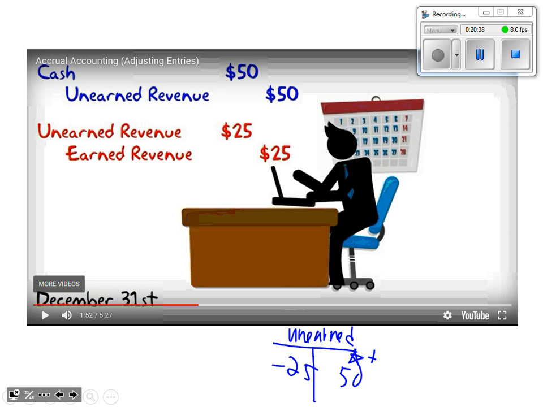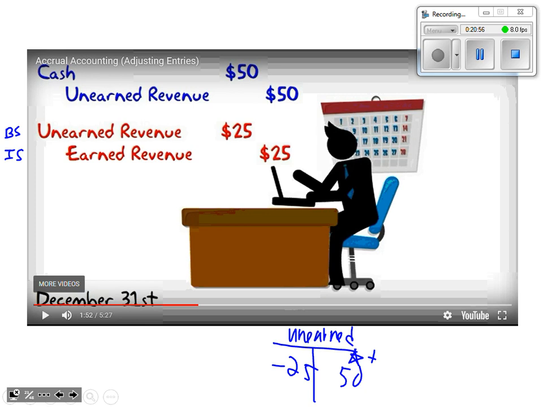Unearned revenue is a liability, so that's a balance sheet account. What does this other one have to be? It's got to be income statement, and it's revenue. We have a debit, we have a credit, one on the balance sheet and the other on the income statement. So basically we fulfilled half of our work.